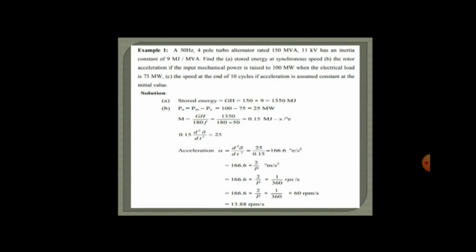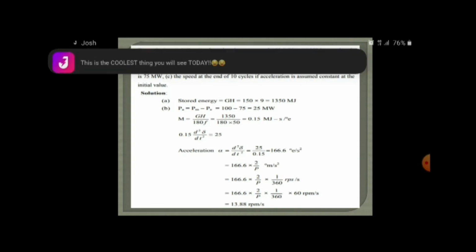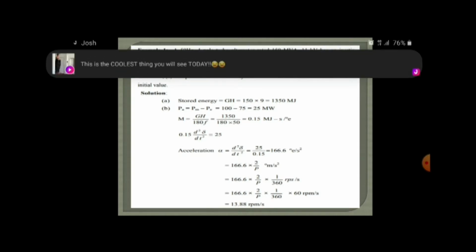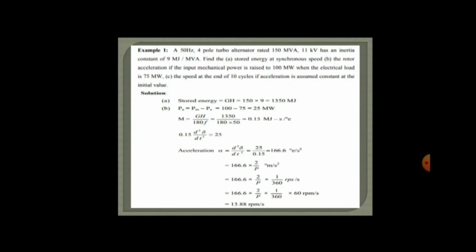So can you tell me what is the B bit? So B bit is the rotor acceleration if the input mechanical power is raised to 100 megawatts when the electrical load is 75 megawatts. Okay, so initially it is running at 75 megawatts. So what happened here? Suddenly load is increased. So in the B bit you have to find out the acceleration power.